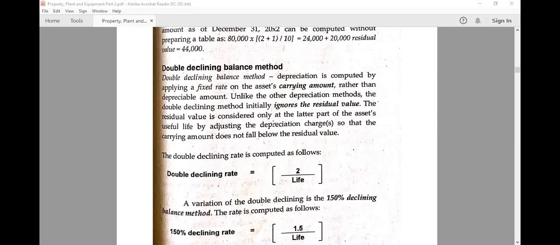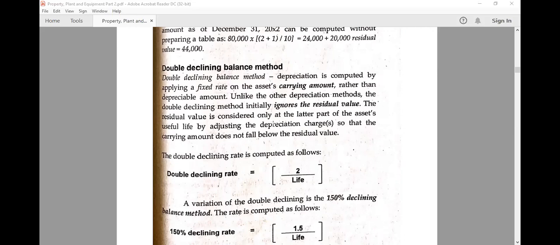Also, in our computation, we ignore our residual value. Remember, the carrying amount is cost minus accumulated depreciation. So in that sense, we ignore the residual value to get the depreciation expense.